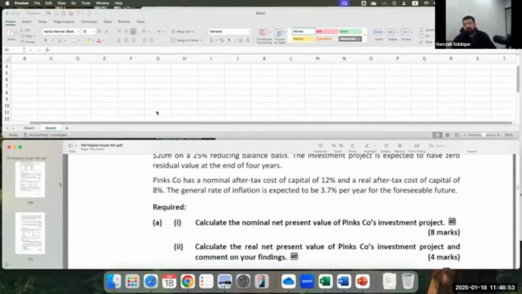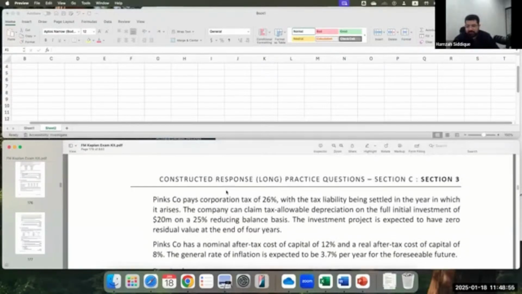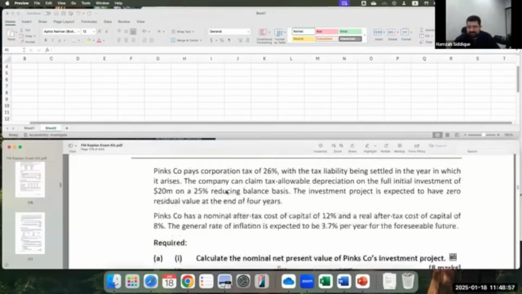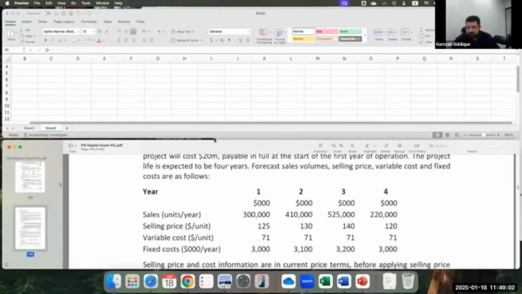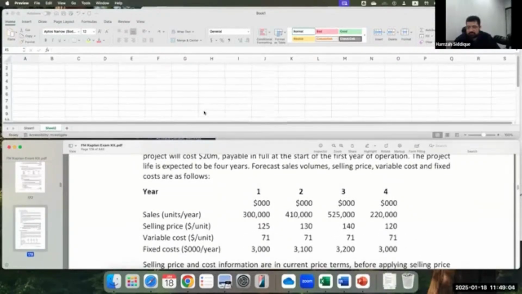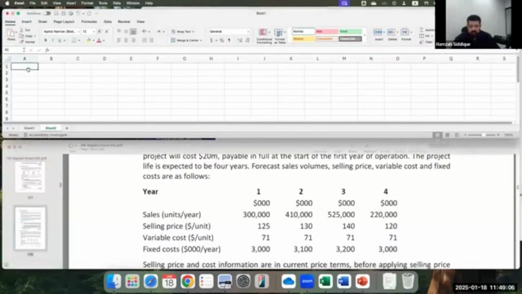So this is how we will be solving these questions. First of all, the nominal NPV of the project.